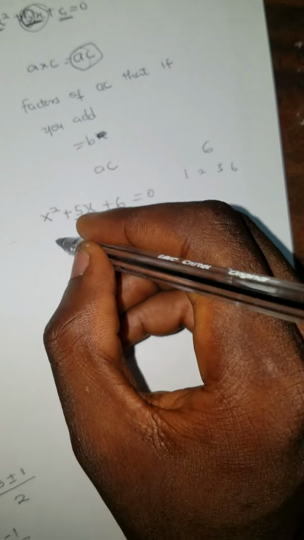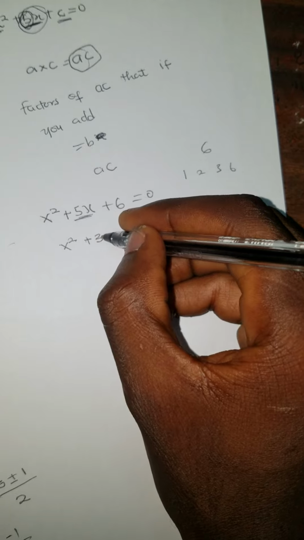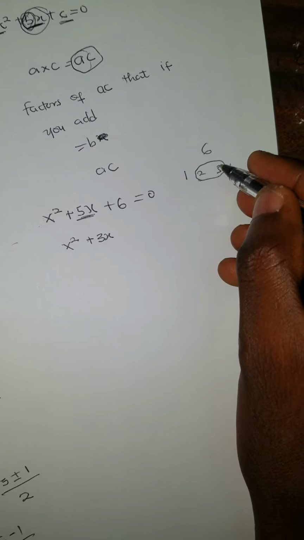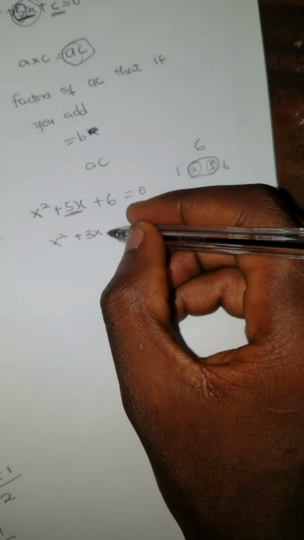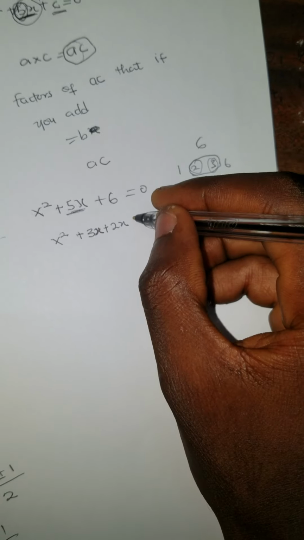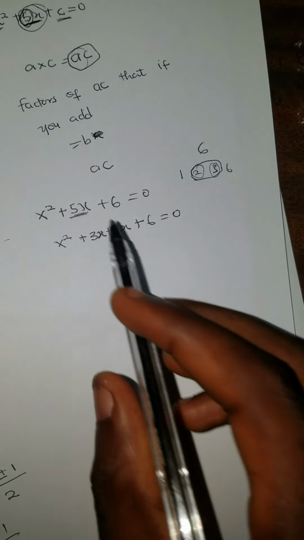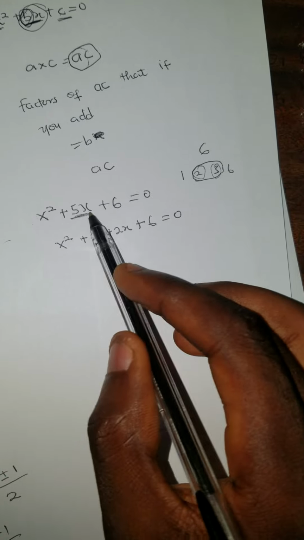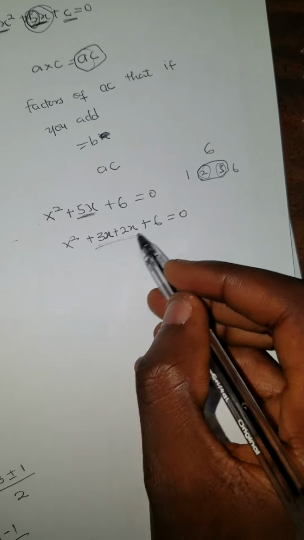So it will be x squared plus 3x. We are just putting these factors. It doesn't matter which one you bring first. So 3x plus 2x plus 6 equal to 0. We have just written this 5x in another way, by just separating it.